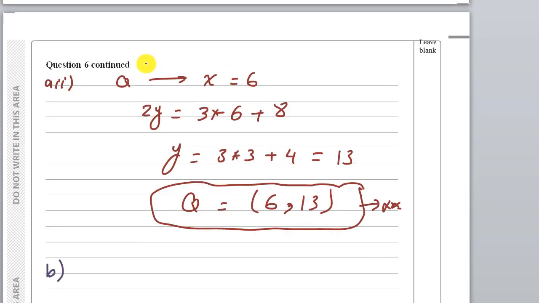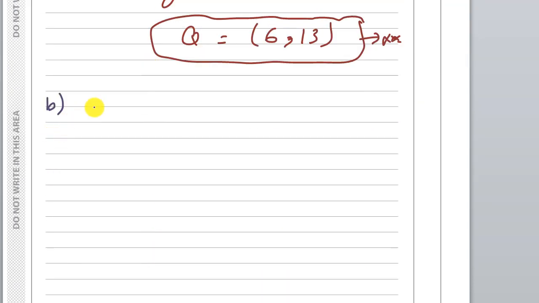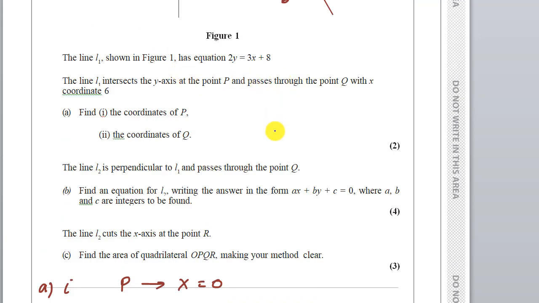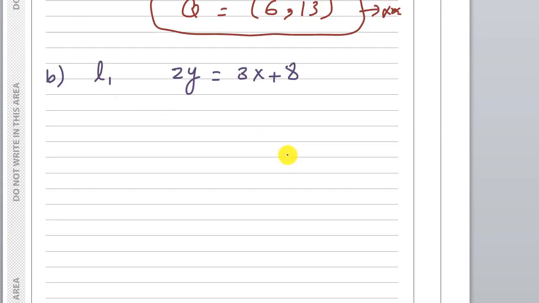The equation of the line L1 is 2y equal to 3x plus 8. So now let us find dy by dx. So y is equal to 3 over 2 x plus 4. We divide here by 2.